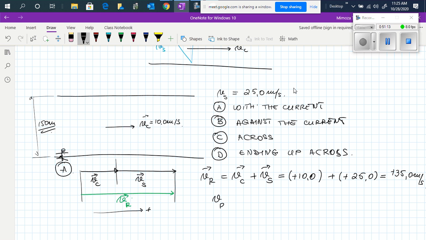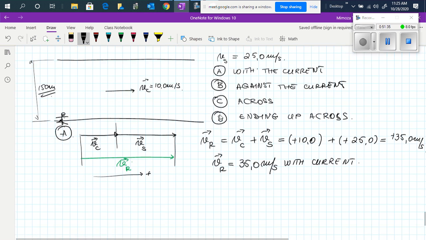Or you can say that the observer, in case A, sees that the swimmer is swimming with a velocity of 35 meters per second with the current, or east, or whatever is the direction.